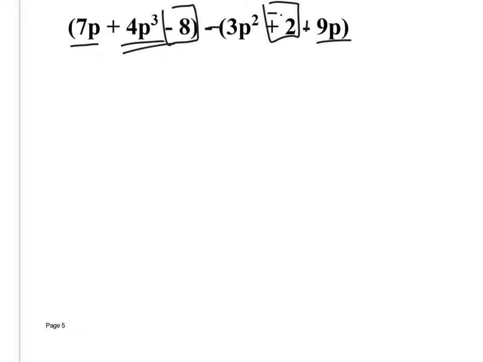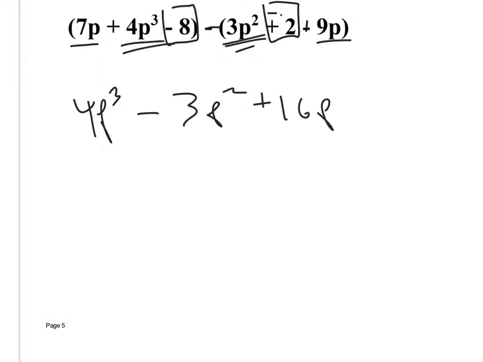Nothing else is p squared either. So 4p cubed minus 3p squared plus 16p, and then negative 10. So there's my answer.